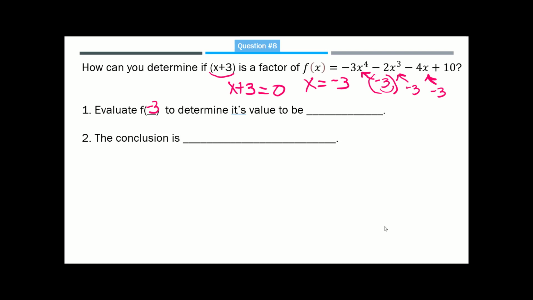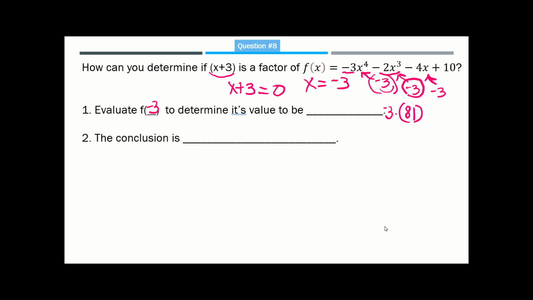So negative 3 to the 4th power is going to give us a positive 81. We're multiplying that times a negative 3. And then we move over here, we have a negative 2. Now that negative 3, when we cube it, we're still going to have a negative number.